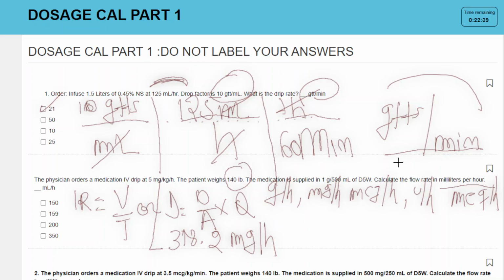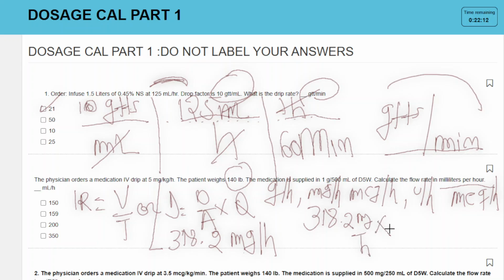Now, your available is 1 gram, and your quantity is 500 ml. Before you do anything, you have to make sure that your order and your available are within the same family. All right? Since I have a gram and I got milligram, I've got to do something. So from there, I have my order, which is 318.2 milligram per hour.